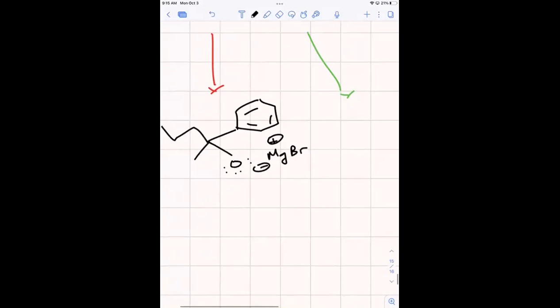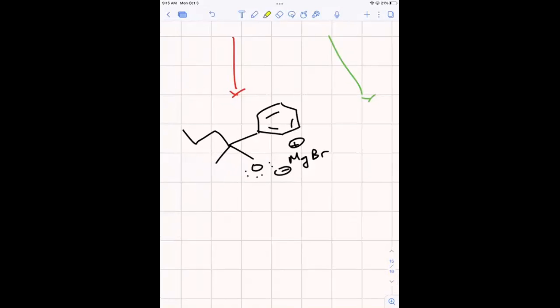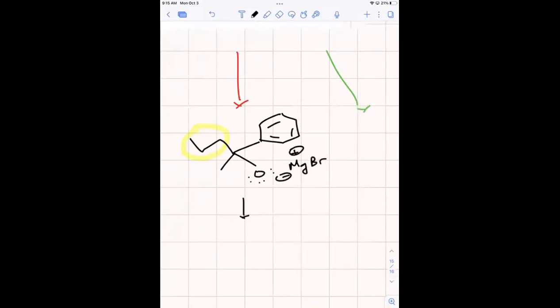Yes. Now what? If I want to remove this fragment, what's next? You're going to push the arrow off to the carbon.